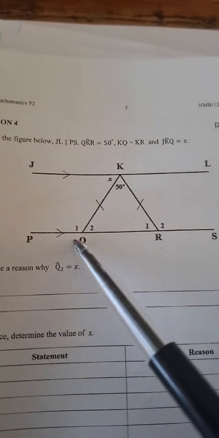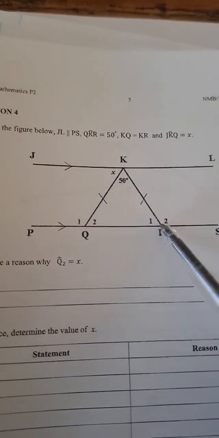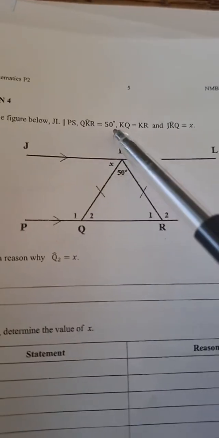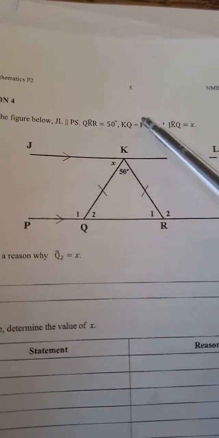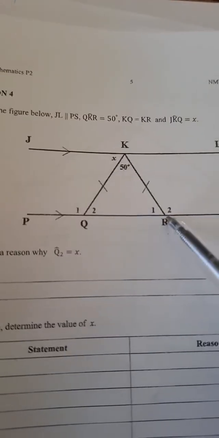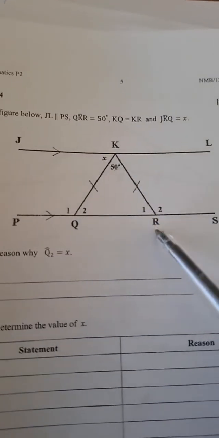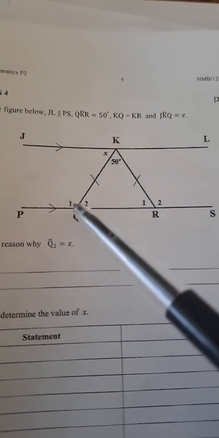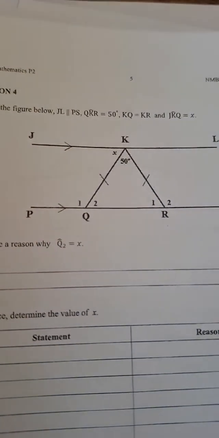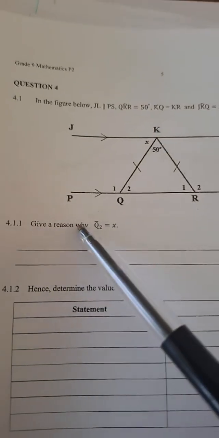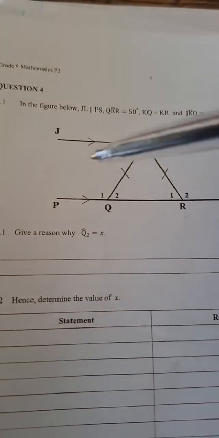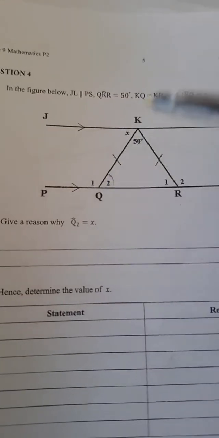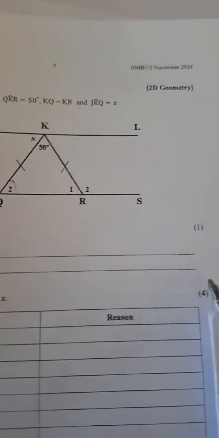Furthermore, QKR is 50 degrees, and KQ is equal to KR. And we are told that JKQ is x. Now what they want is a reason why Q2, here, is also going to be equal to x for 1 mark.